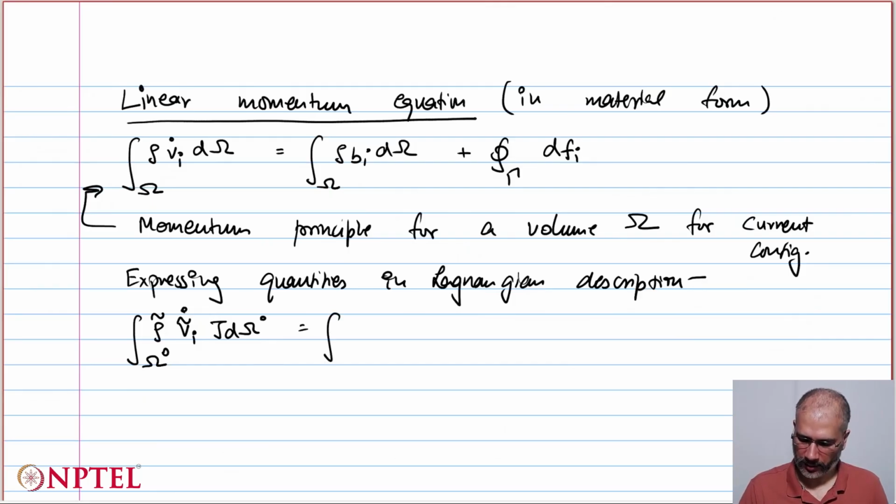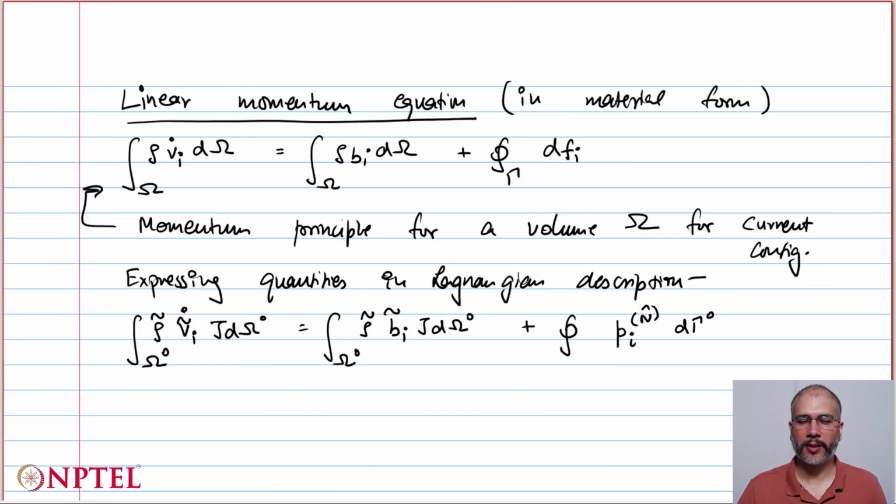On the right hand side, again a rho becomes a rho tilde, Bi becomes a Bi tilde, and d omega becomes a J times d omega naught, plus now this integral, which is integral of the forces, we express this dF vector as the new stress vector P with a superscript n hat multiplied by d gamma naught.